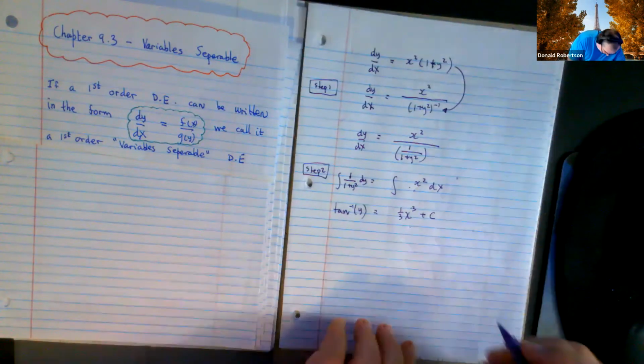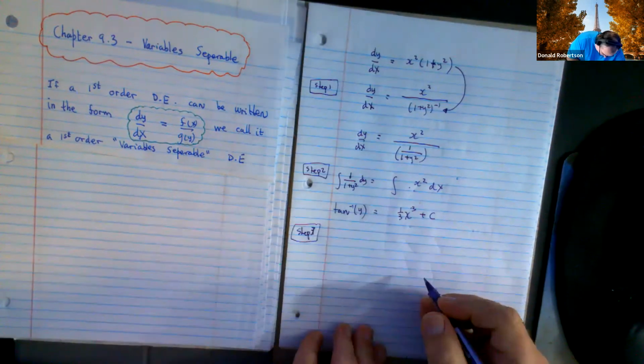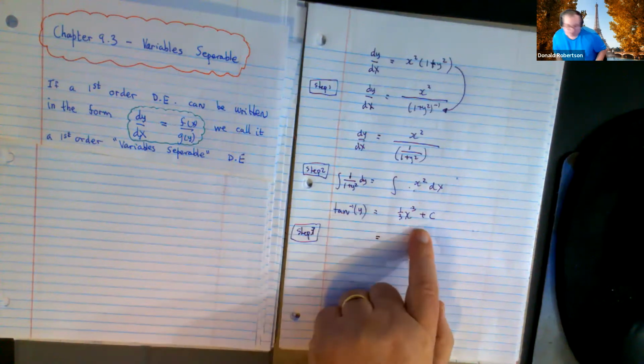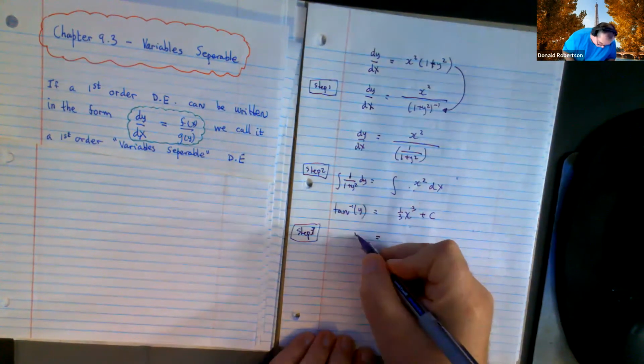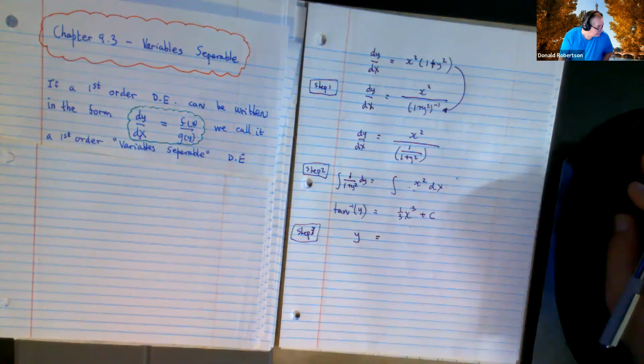Since I want this to be y equals, that's what step 3 is going to be. What can I do here to both sides to find y? Think algebra.